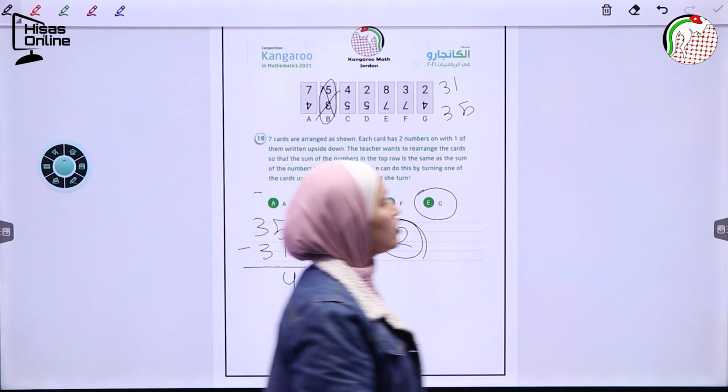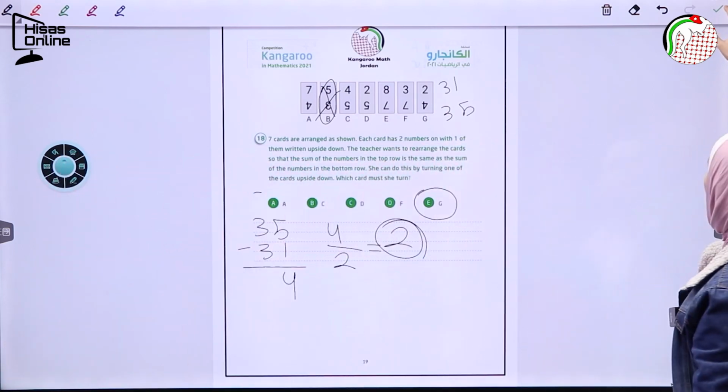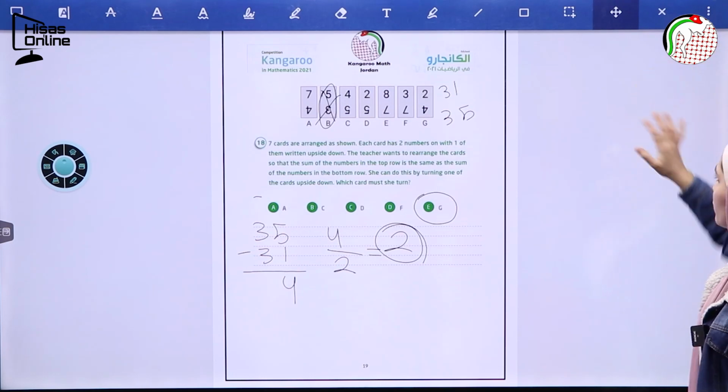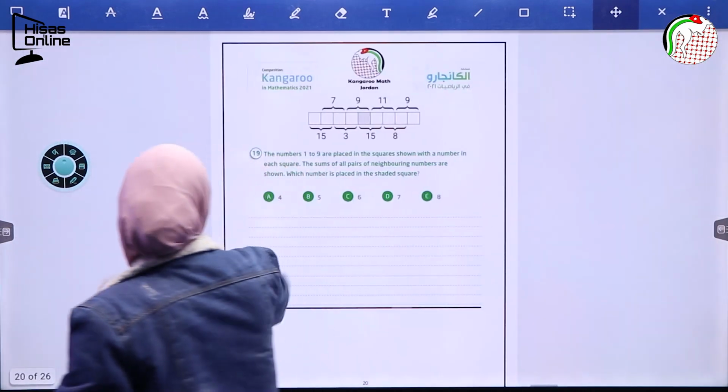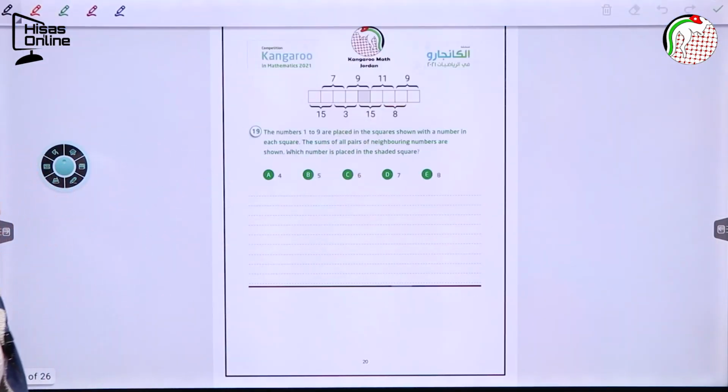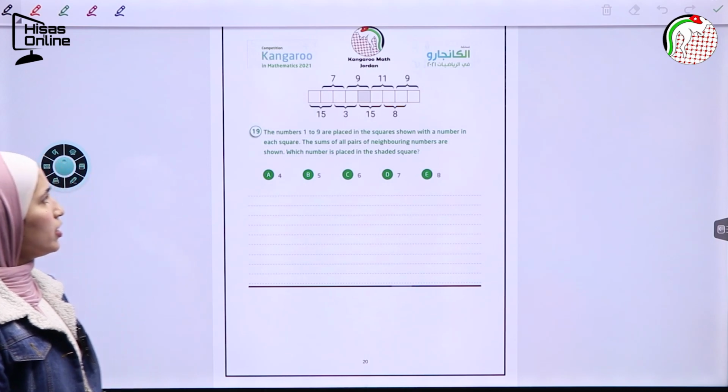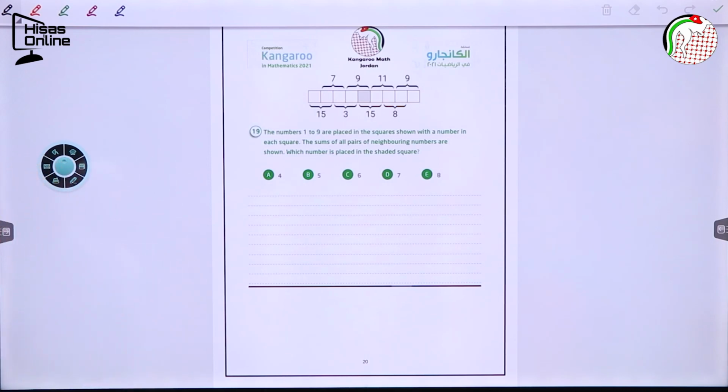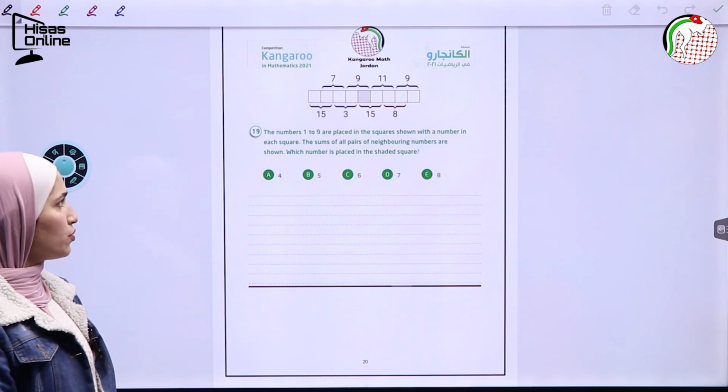So the next question now, 19. The numbers 1 to 9 are placed in the squares shown with a number in each square. The sums of all pairs of neighboring numbers are shown.